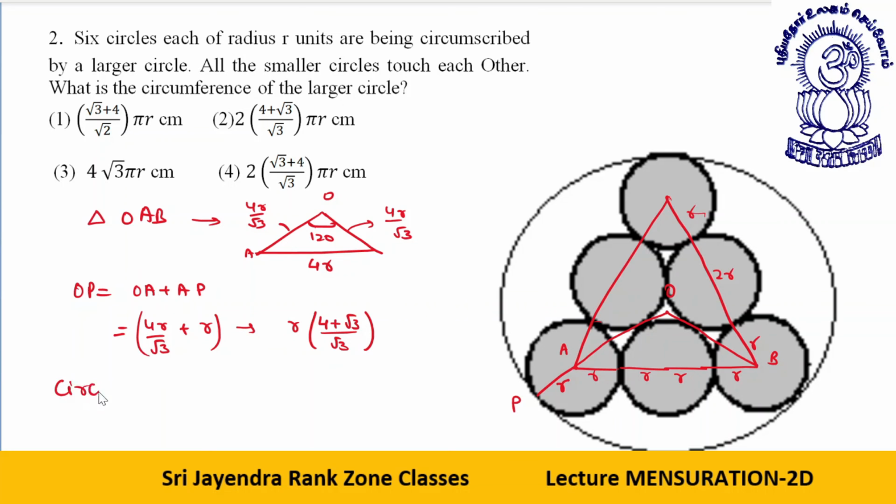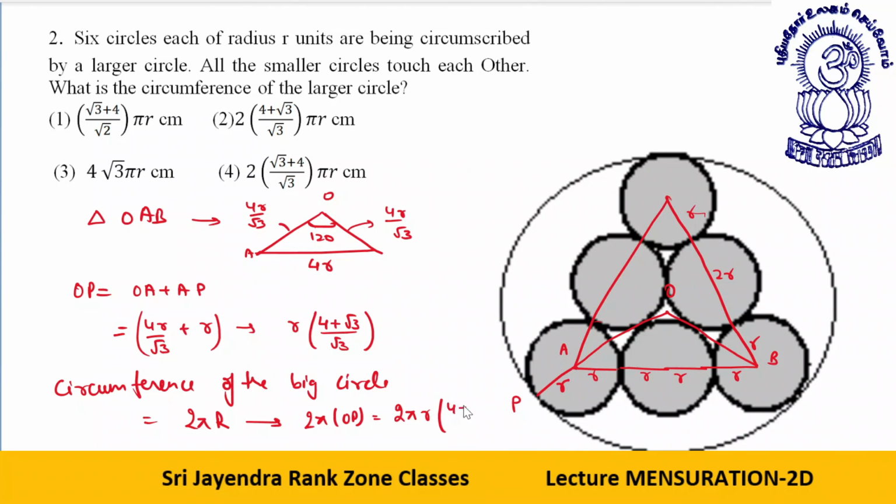What will be the circumference? Circumference of the big circle will be what? 2 pi R, 2 pi capital R, that is 2 pi into OP. This will be equal to 2 pi r into 4 plus root 3 by root 3. This is option number 4 is your answer.